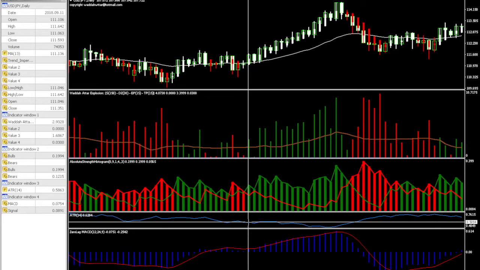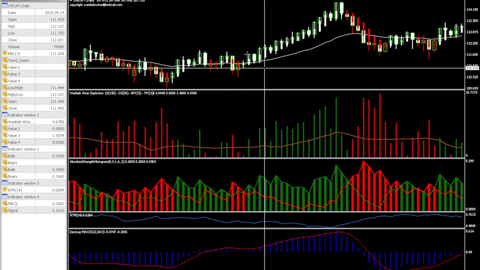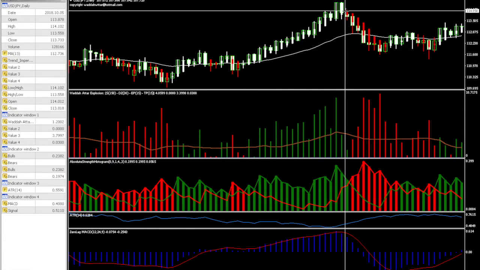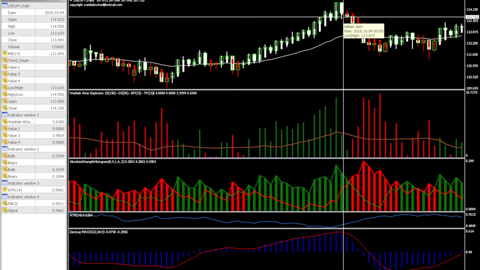And once the take profit is hit, we would put the remaining position to break even and ride out the trend until the Heiken Ashi turns red. So the Heiken Ashi is our exit indicator, and it tells us when to exit. In our case, it would be when it gets the opposite color of the trend.